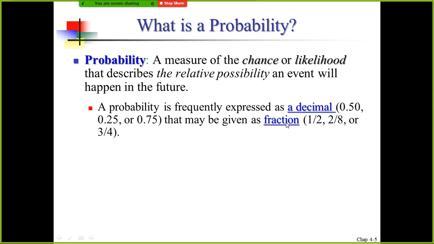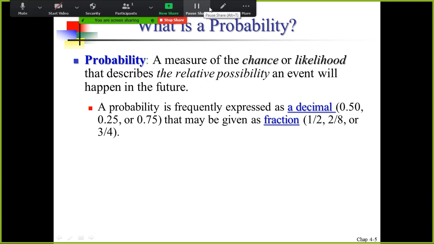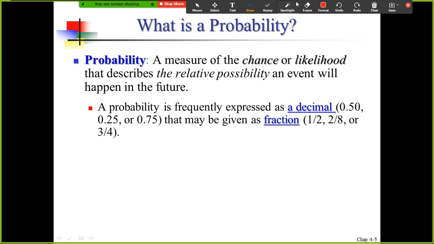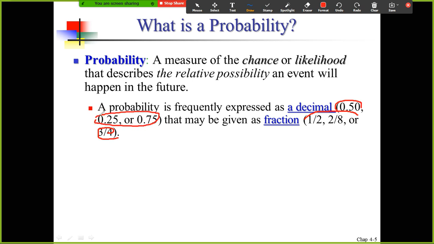This number comes from a fraction: 1 divided by 2 or 1 over 2, 2 over 8 or 2 divided by 8, or 3 over 4 or 3 divided by 4. This expression we call a fraction, but for that fraction we call decimal.